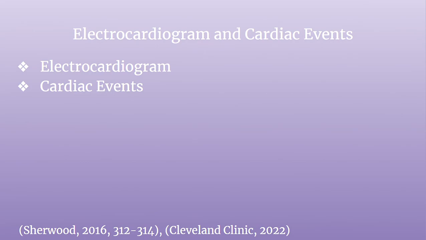VFib is incredibly dangerous if medical care is not received within 4 minutes. This can lead to severe brain injury or even death due to lack of oxygenated blood in the brain. This is because the ventricular contractions are so erratic that no effective pumping is occurring, so oxygenated blood is not reaching the brain as it needs to.